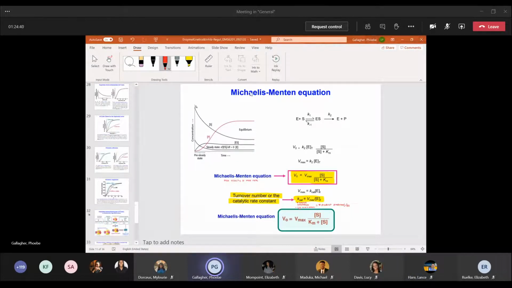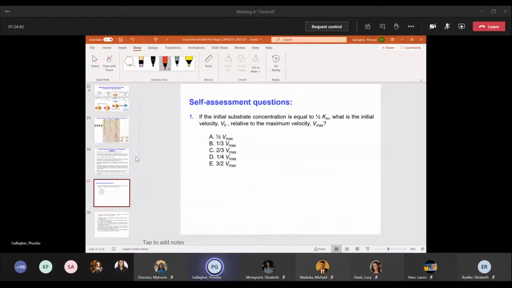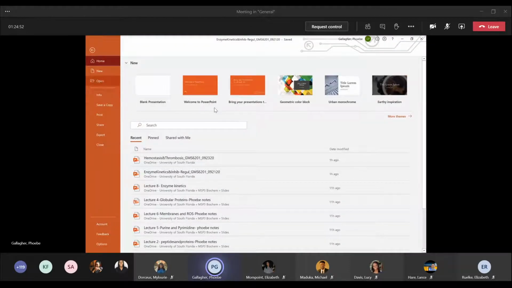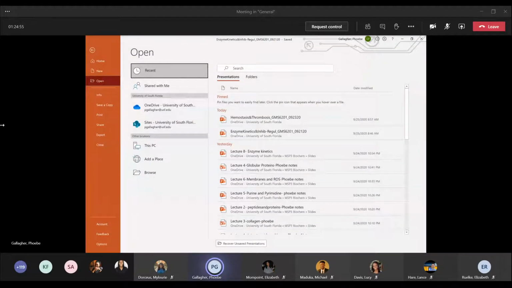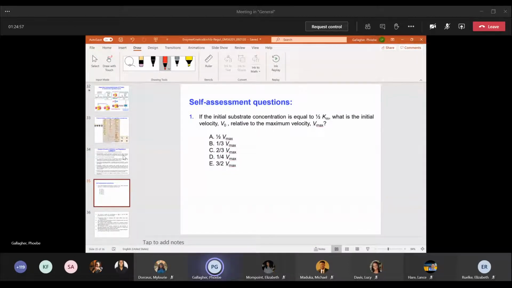Okay, going back, so you're going to use the Michaelis-Menten equation, and I had my slides up that showed how to solve for this, but now I have no idea what happened to my actual equations. Okay, whatever, I'm just going to show you guys. The Michaelis-Menten equation is V equals Vmax times substrate concentration over Km plus the substrate concentration. Correct me if I'm wrong. That's correct. Okay, cool.